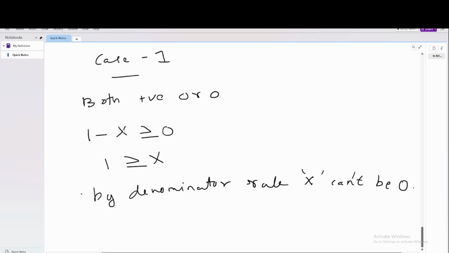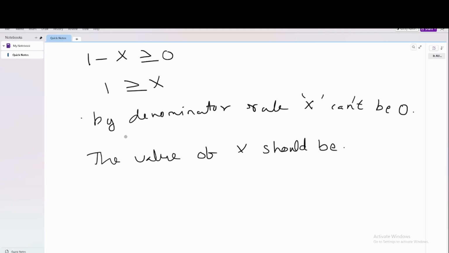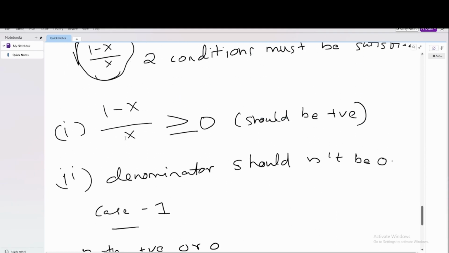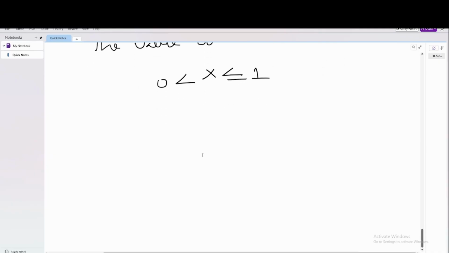So the value of x should be greater than 0 and less than or equal to 1. From this, we have already proven the statement is false, but let's continue further.